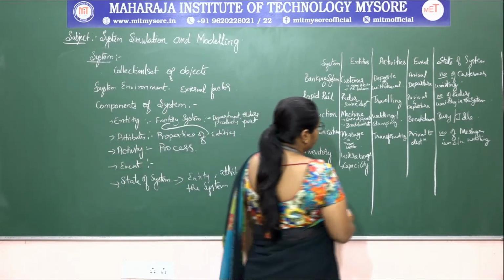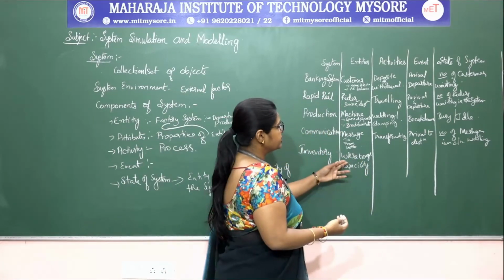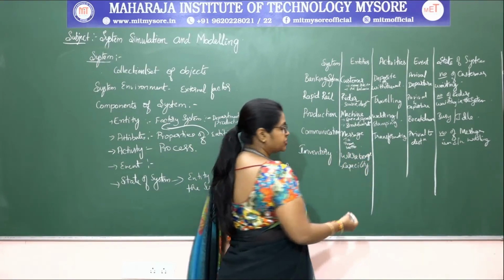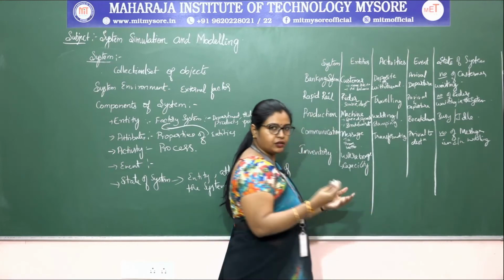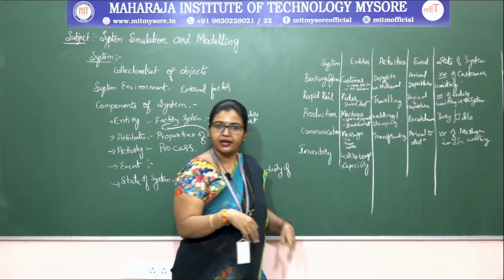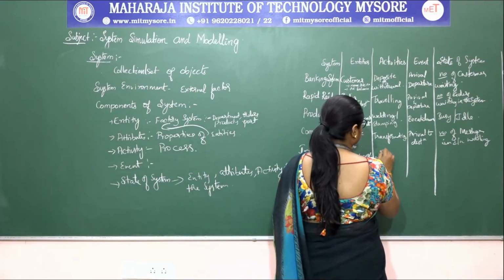So if you consider this warehouse as an entity, what will be the action, that is the activity? If you have something in that warehouse, we can withdraw it, right? So withdrawing.